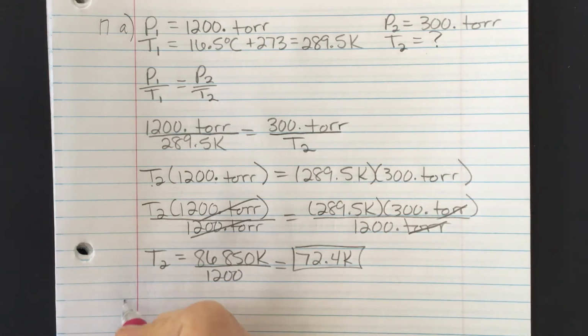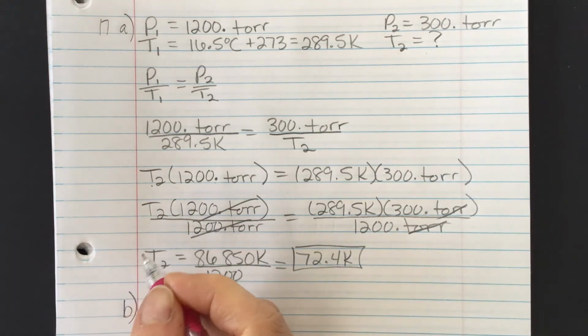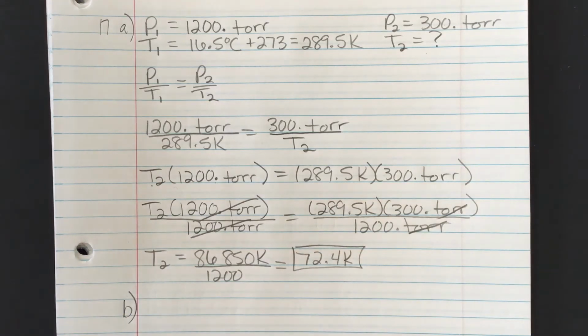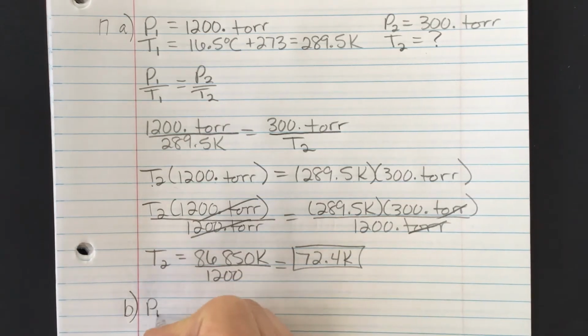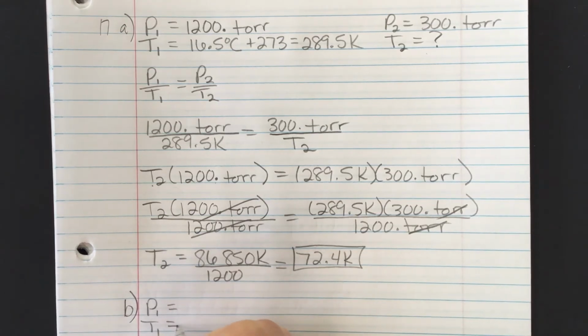Okay, for B. A reaction requires 1.5 milliliters of ammonia if it occurs at 1.65 atmospheres and 23 degrees Celsius. If the temperature is changed to 30 degrees Celsius, what will the new pressure be if the volume remains constant? So again, P1 and T1.